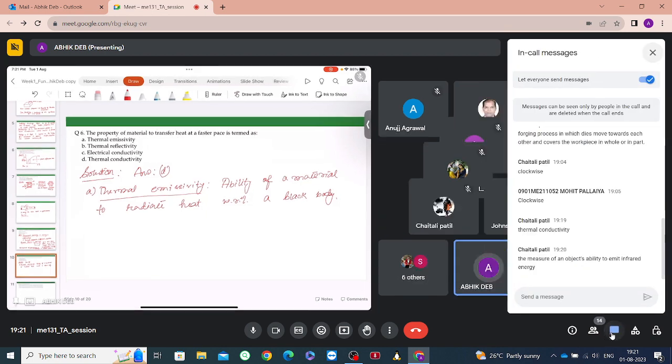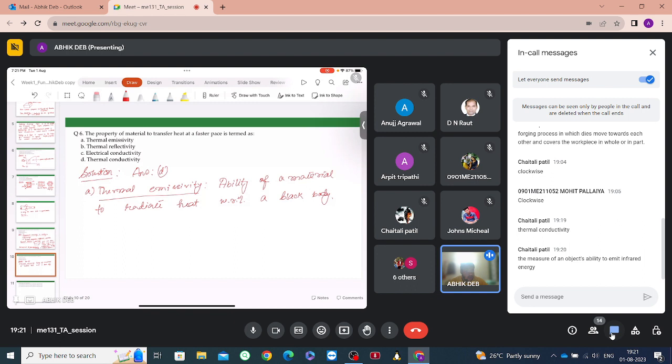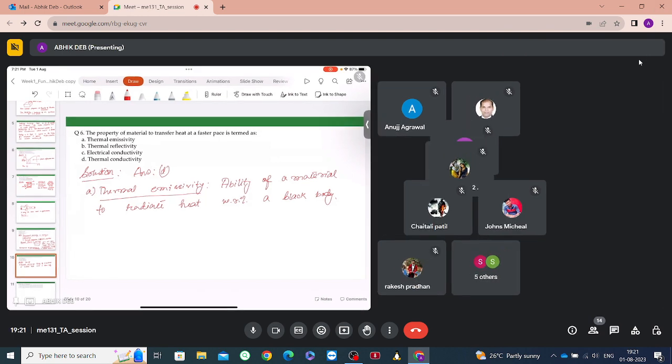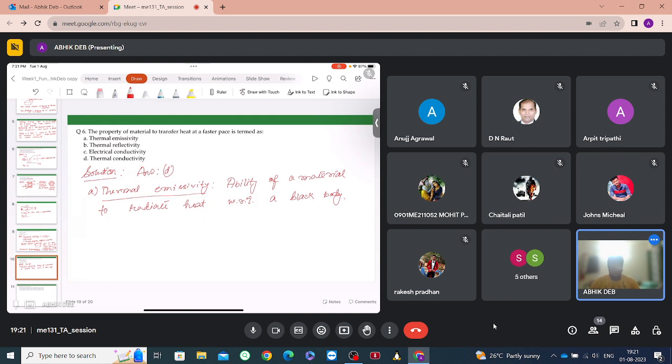Okay, you have written the measure of an object's ability to emit infrared energy. So this emission occurs irrespective of the medium it is in contact with. Then thermal reflectivity is similarly the ability to reflect heat.